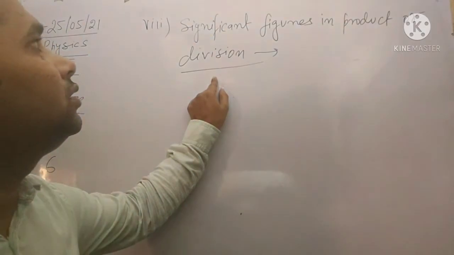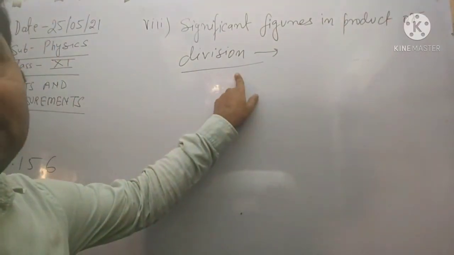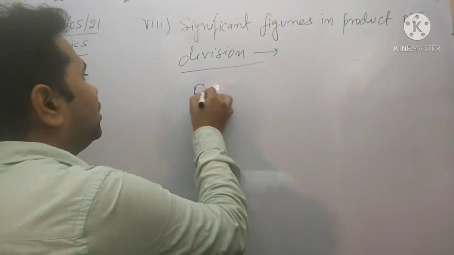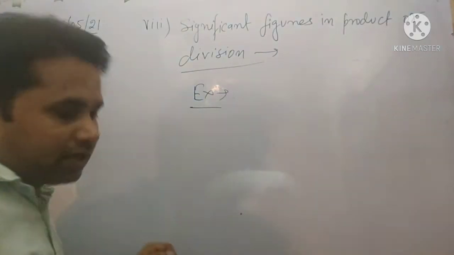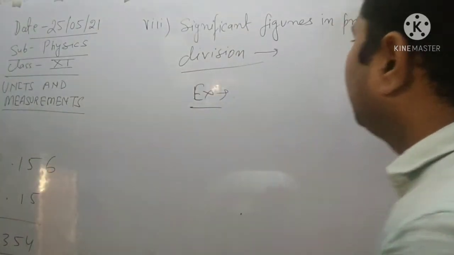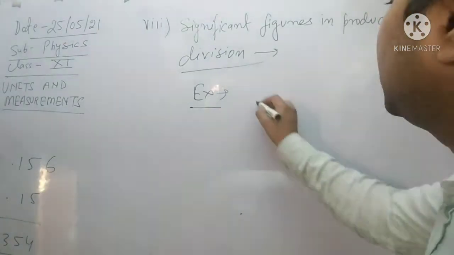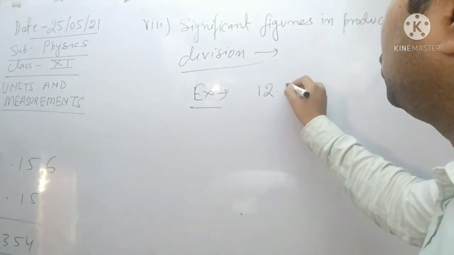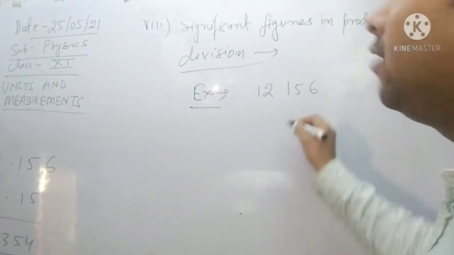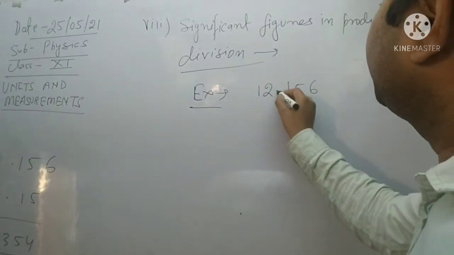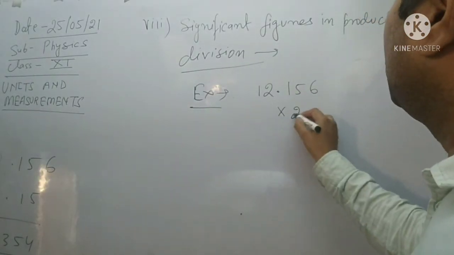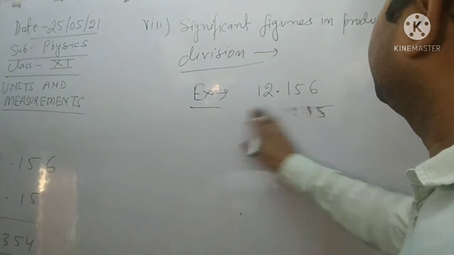Now check this rule with an example. Suppose we are given two numbers, 12.156, and we have to multiply this number with 2.15.